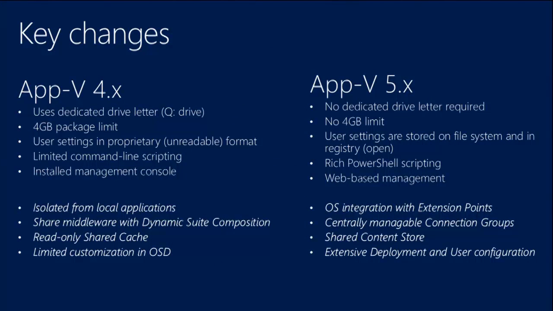There's still some virtualization and isolation going on. We don't have a 4 GB package limit anymore. Our user settings that were traditionally saved in AppV 4 in proprietary .pkg files are now open and exposed to us in the registry and in the file system, making it more understandable what ends up in there.